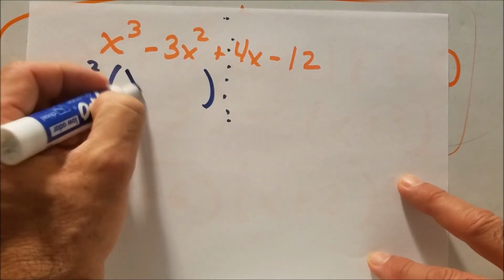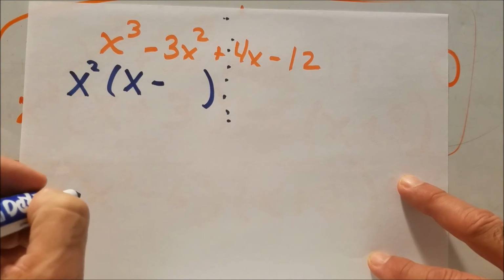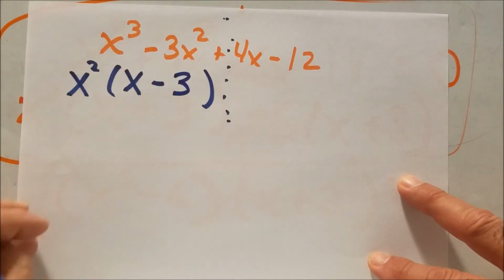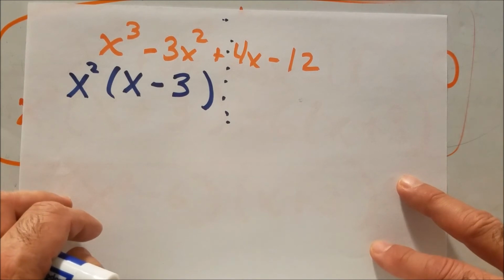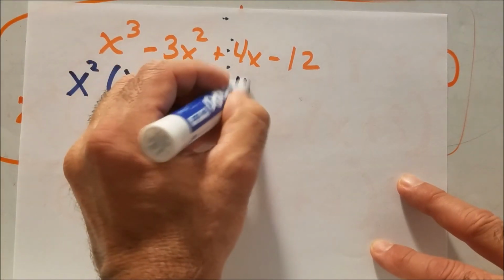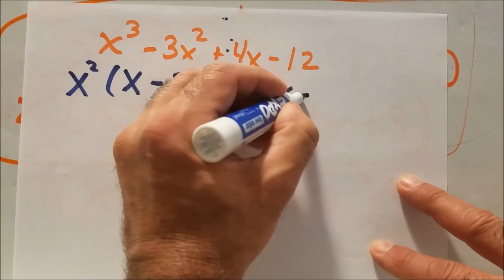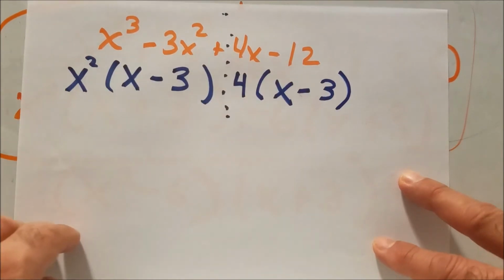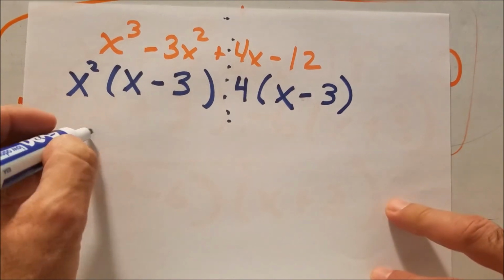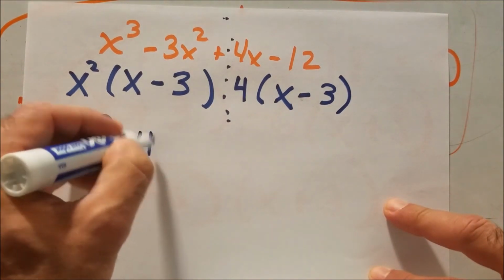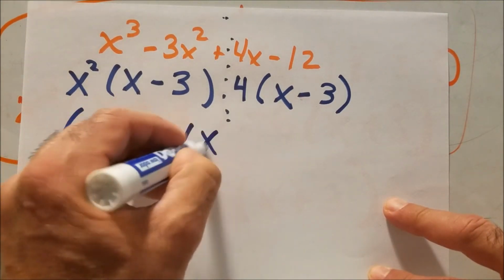All right, we're going to have an x minus what? Minus 3. So, we need to get x minus 3 here, or we did something wrong. So here we can take out a 4, and we'll get x minus 3. All right, so we factored that. And then when we bring it all together, we have x squared plus 4 and x minus 3.